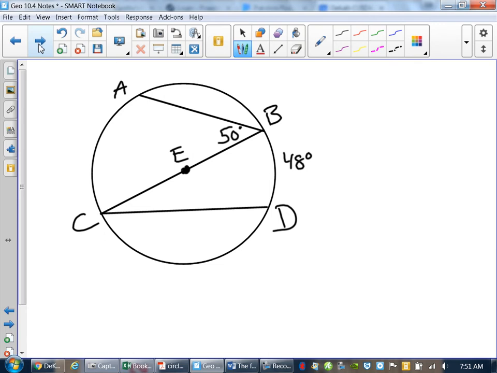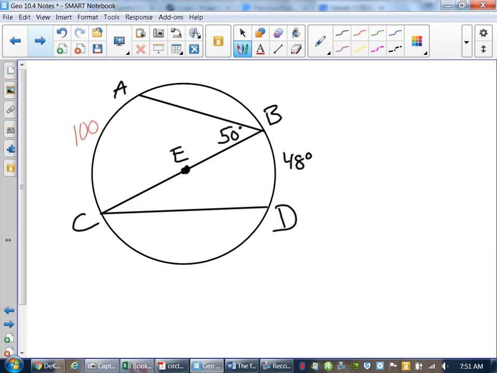Okay. So as I'm looking at one like that, you have angle ABC is 50, which means what's the arc AC? It's 100. That means the arc has to equal how much? 100 here.